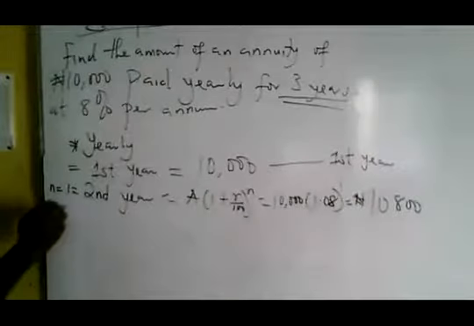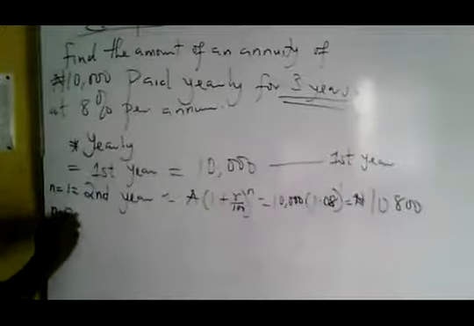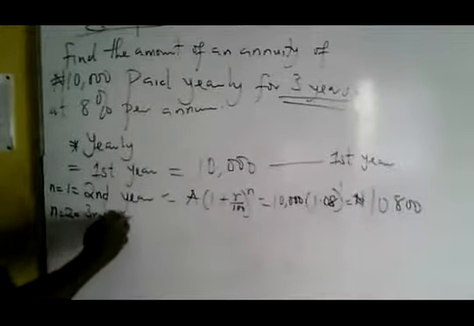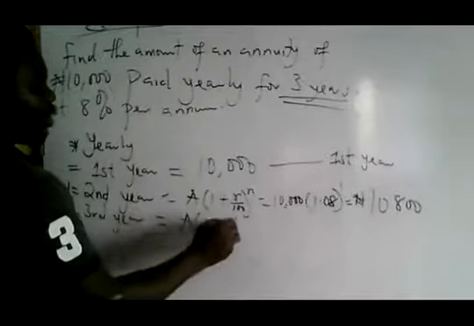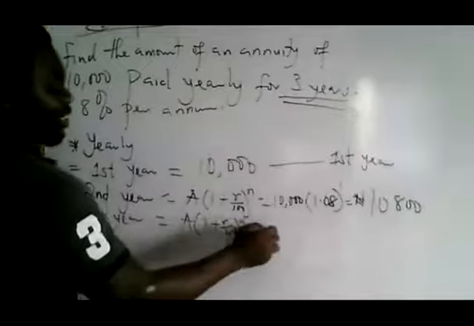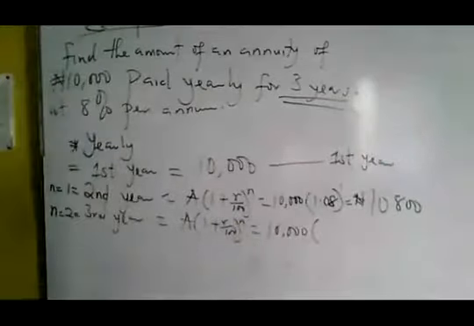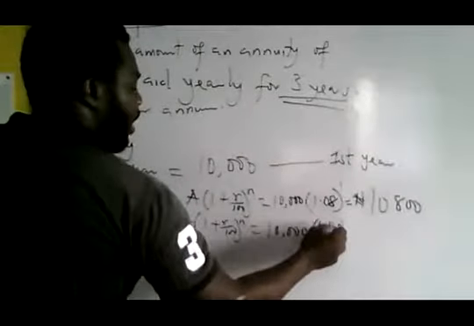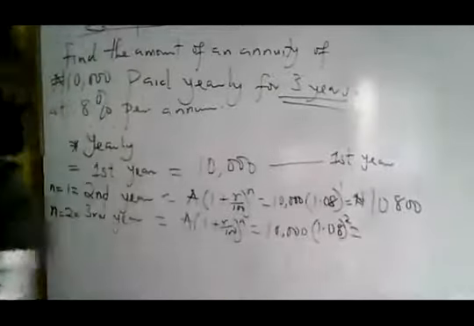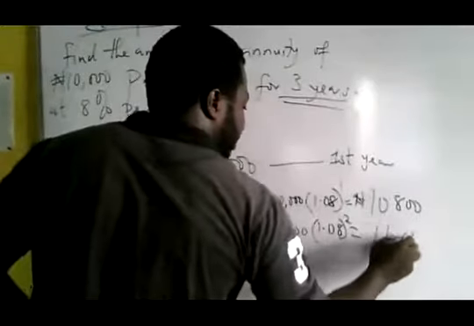Now, my third year. Are you following me? My third year, N will be the third year. So that will be A, open bracket, 1 plus R over 100, raised to the power of 2. So this is 10,000, open bracket, 1.08 raised to the power of 2. Now, if I use my calculator and I do that, I'm going to get 11,664.